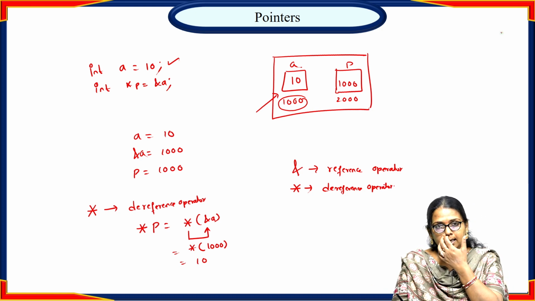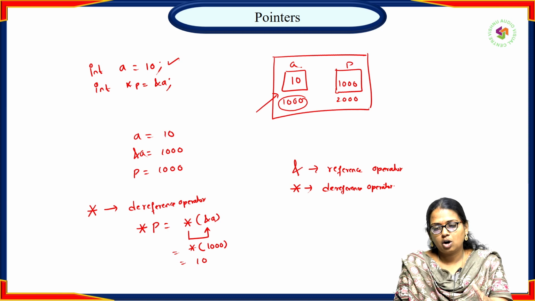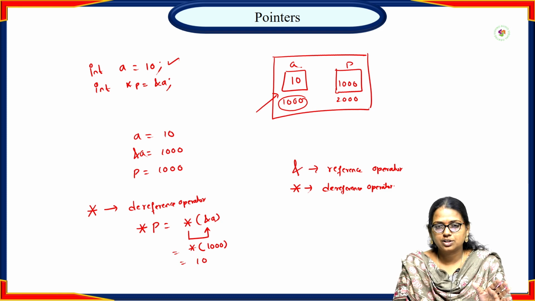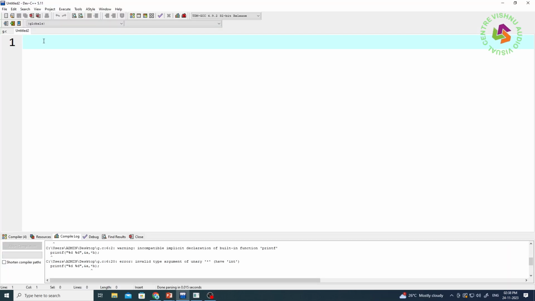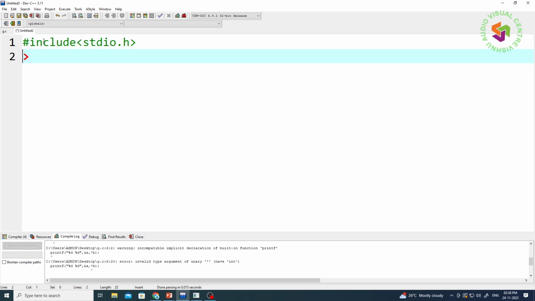Now we'll see how pointer is working, and whether the pointer p is giving the value of a or not. We'll check now. Include stdio.h, void main.